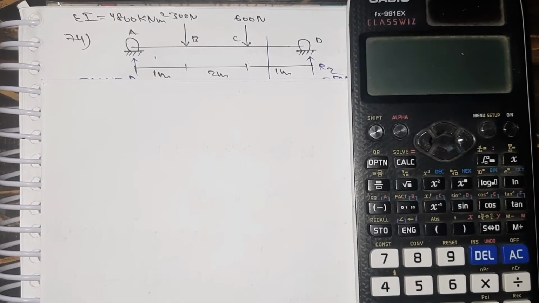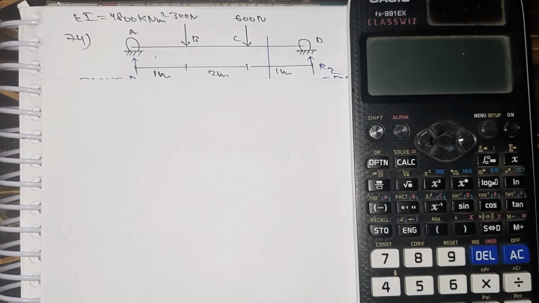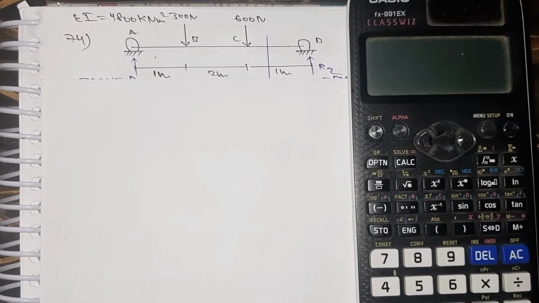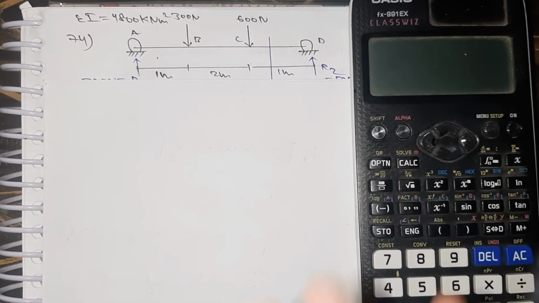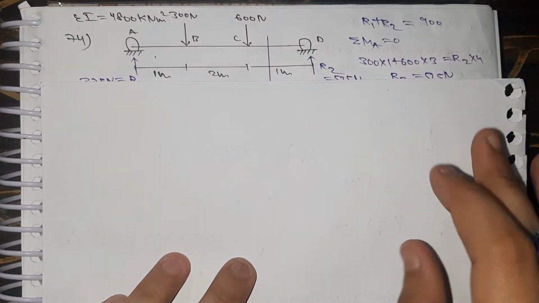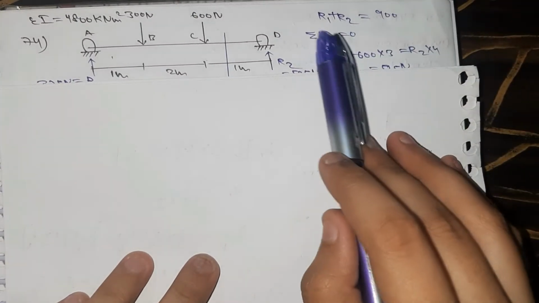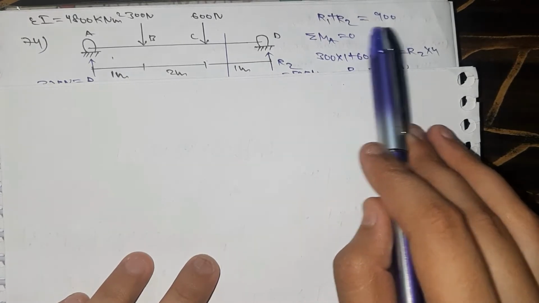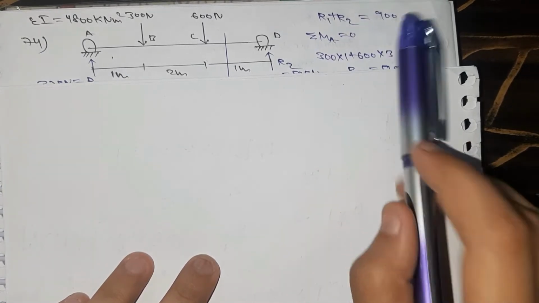The first step to proceed is to find the reactions: what is the reaction at support A, and what is the reaction at support D. We have named them R1 and R2. As you already know, this is the procedure of finding the reactions.